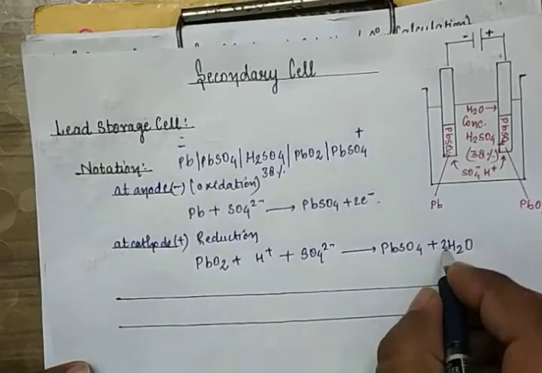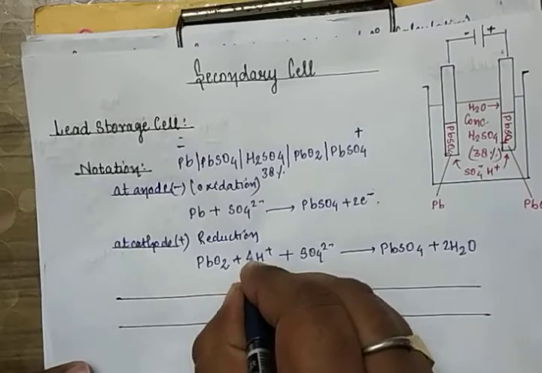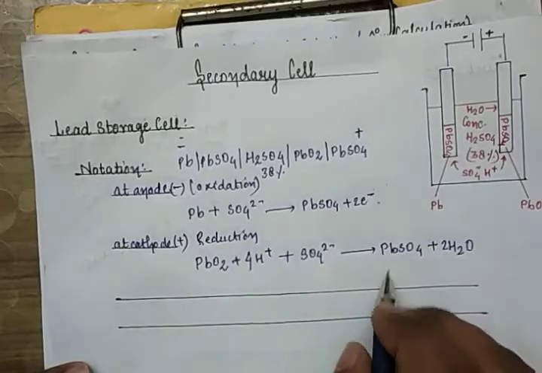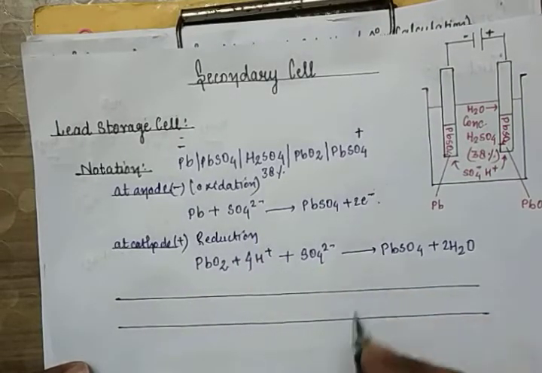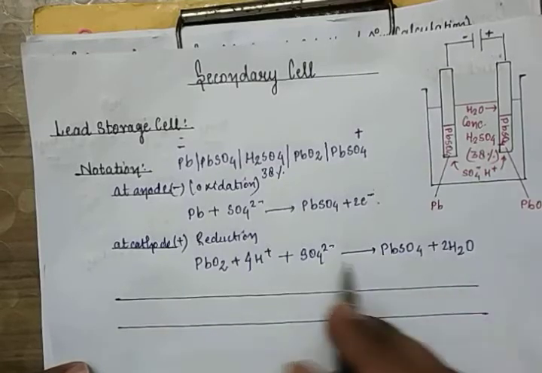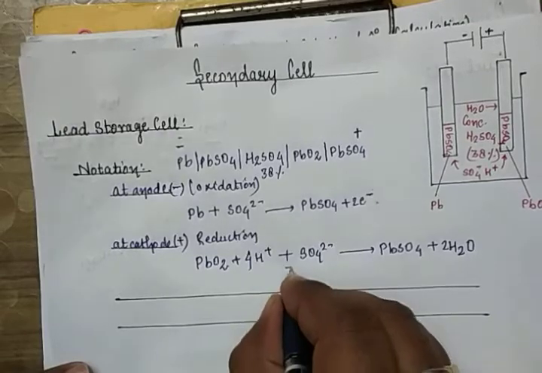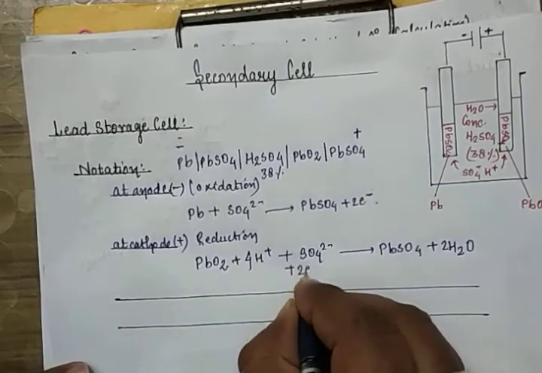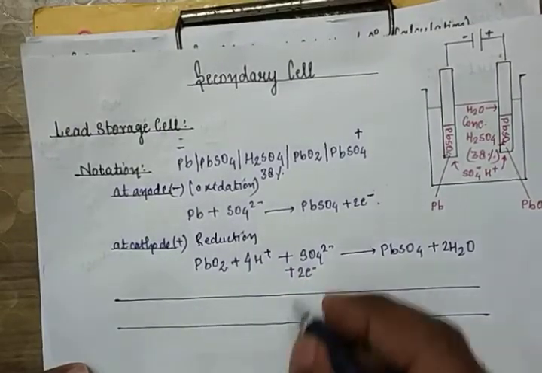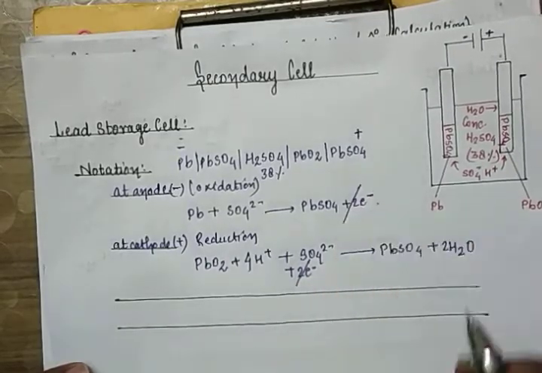The reaction is balanced with 4H plus. On the reactant side the charge is 4 plus and 2 minus, which is 2 plus, so it gained 2 electrons. Now the electrons cancel.